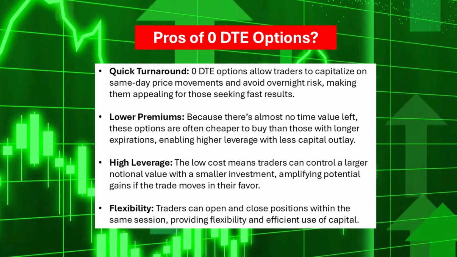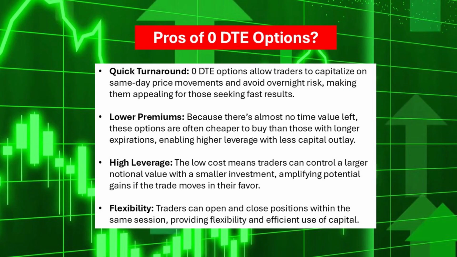Let's break down the pros and cons of zero DTE options. Quick turnaround. Zero DTE options allow traders to capitalize on same-day price movements and avoid overnight risk, making them appealing for those seeking fast results. They also have lower premiums because there's almost no time value left. These options are often cheaper to buy than those with longer expirations, enabling higher leverage and less capital outlay.